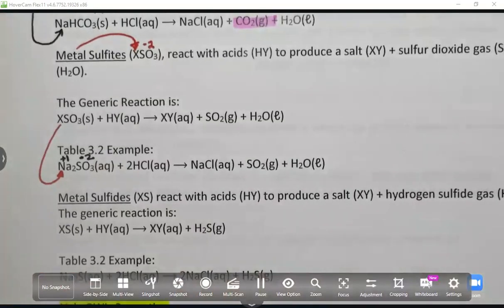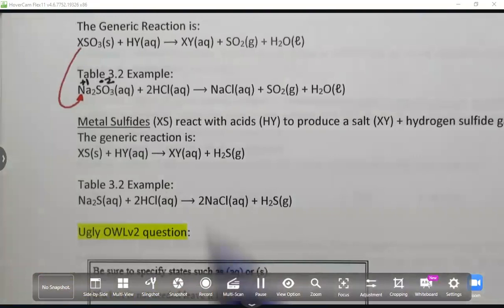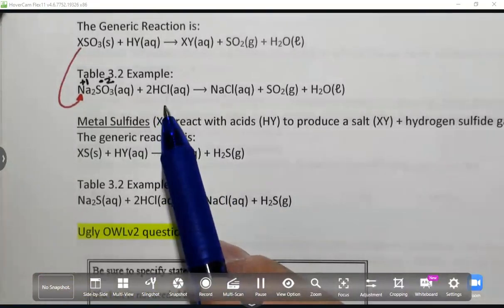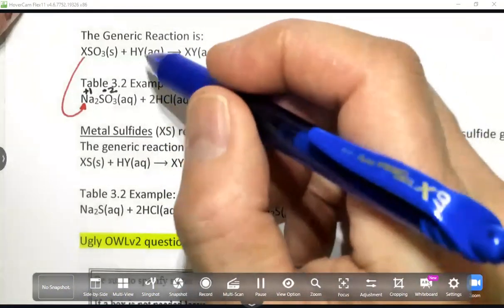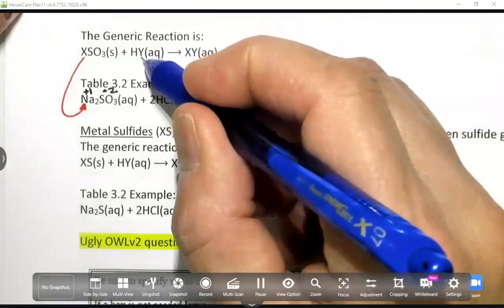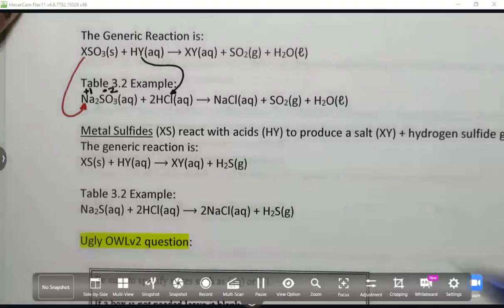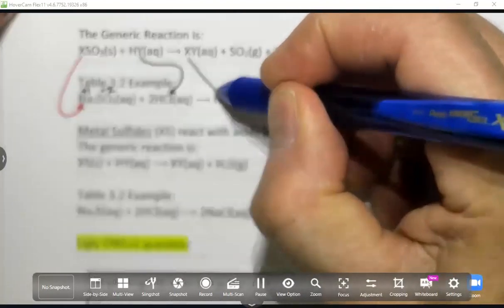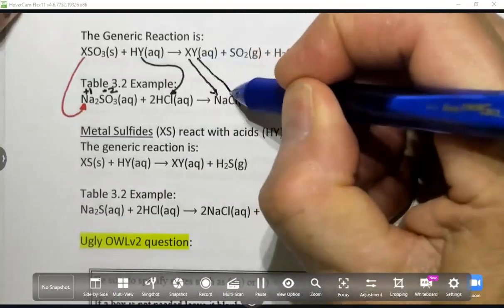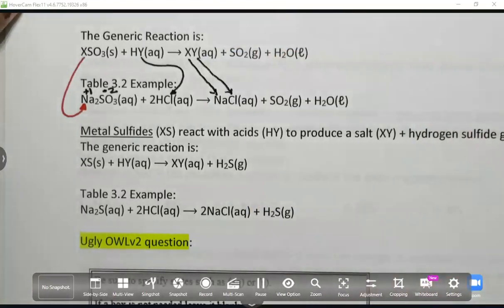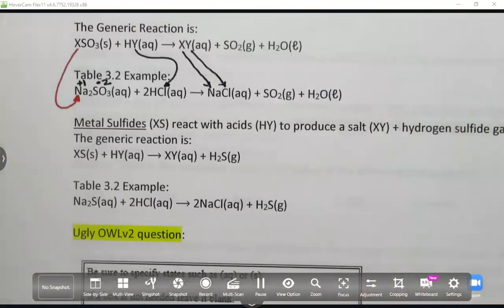So that's why we get Na2SO3, hydrochloric acid again. So my Y is chloride. So my XY plus SO2 plus H2O.